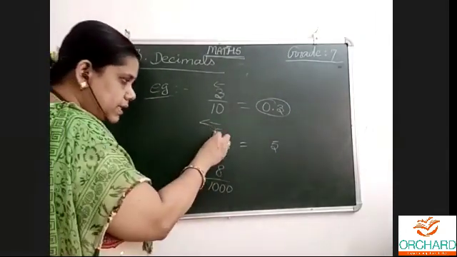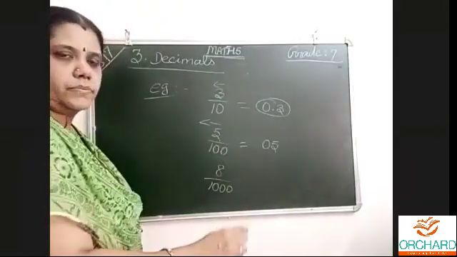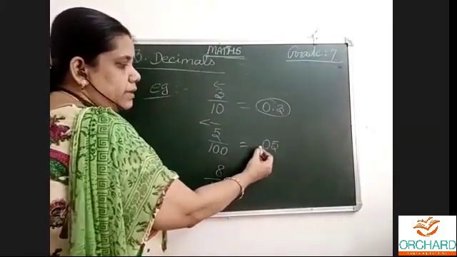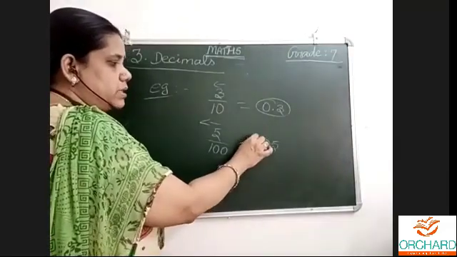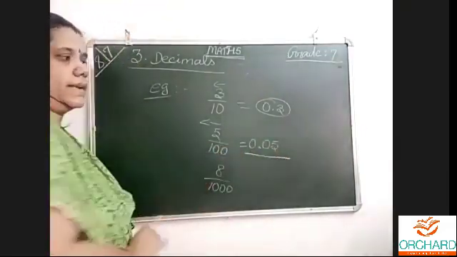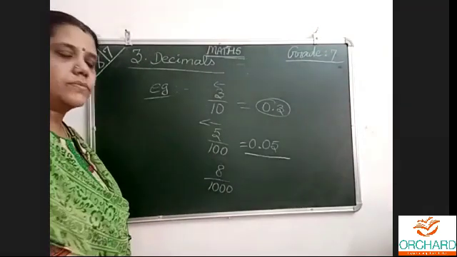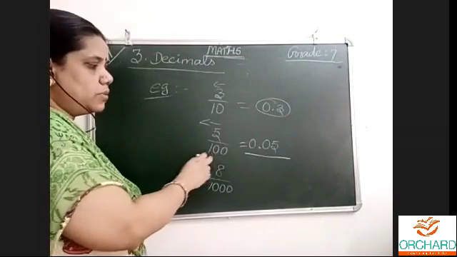One is here, the other is not there, so I add a 0. Keep a point here, and we read it as 0.05.